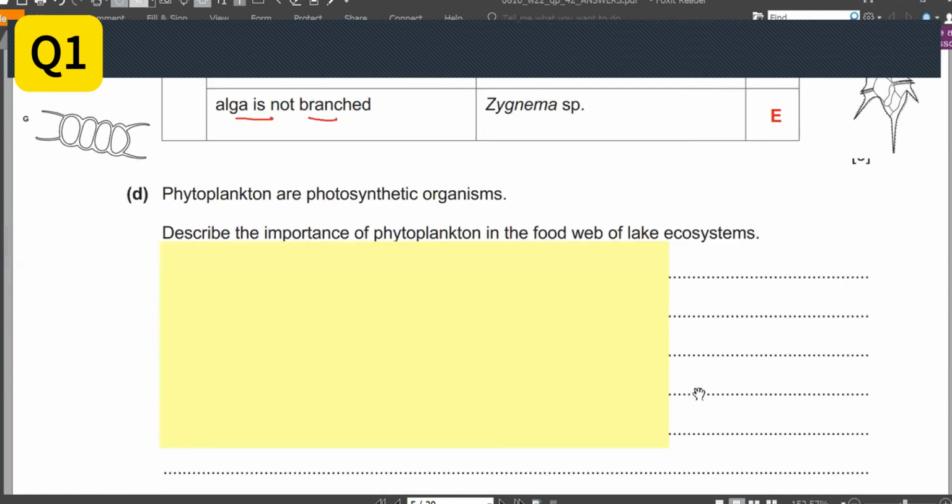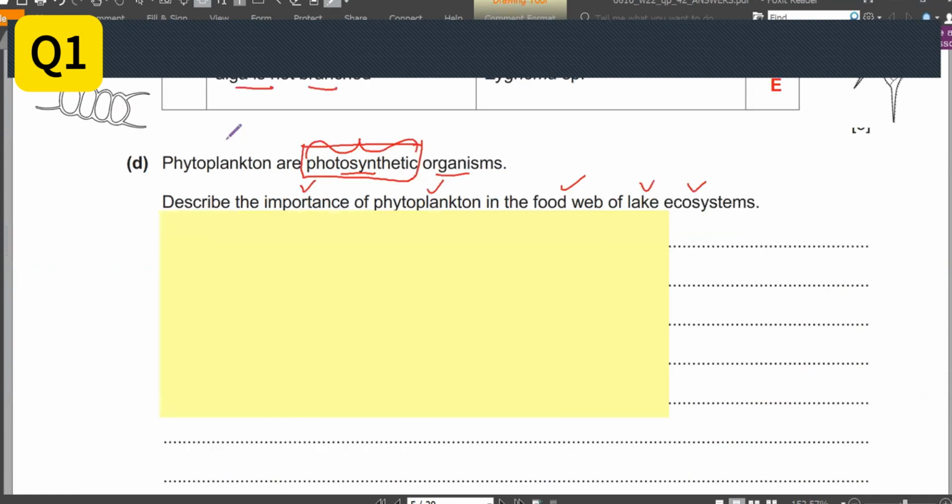Next question. Phytoplankton are photosynthetic organisms, which means they carry out photosynthesis. Describe the importance of phytoplankton in the food web of lake ecosystems. Based on their ability to carry out photosynthesis, they play a very important role in the food web of the lake ecosystems.